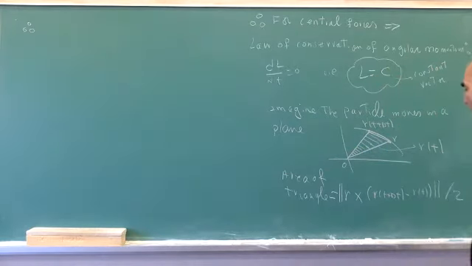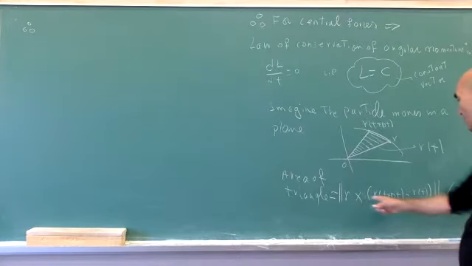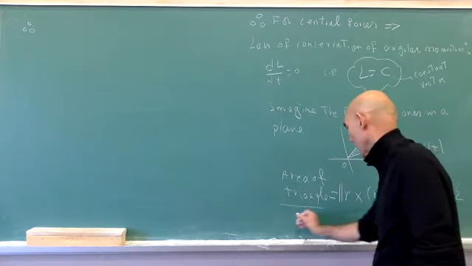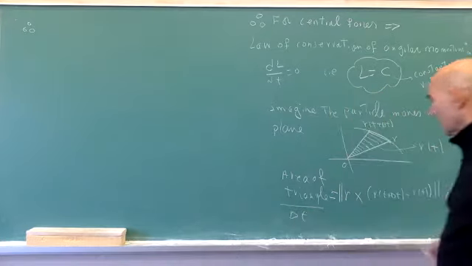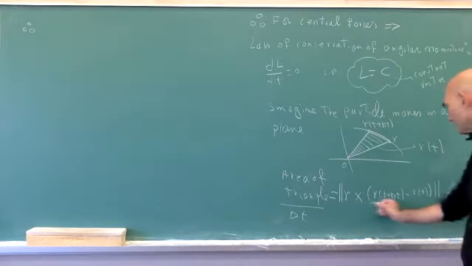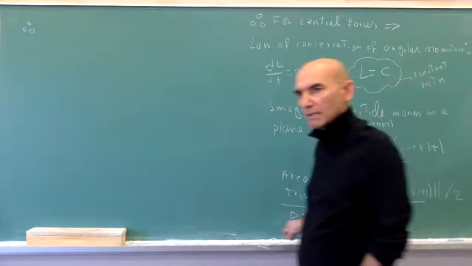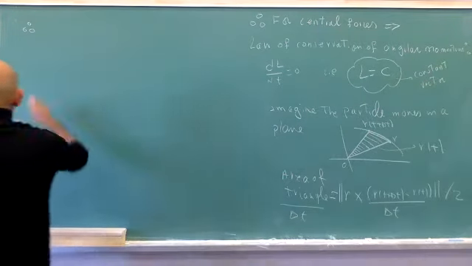And if I want to take the rate of change of this quantity, the area of the triangle divided by time, I can just push this inside, divide by Δt, and then take the limit as Δt goes to 0.